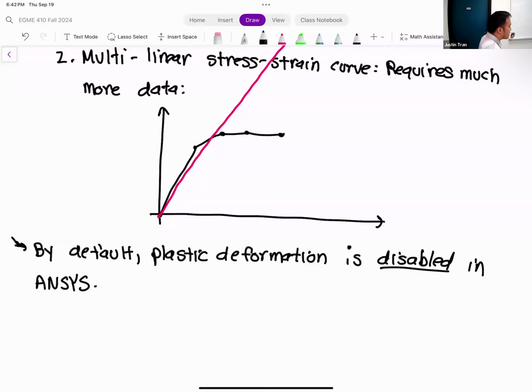To turn on plastic deformation in ANSYS, there's a setting in the simulation settings, and it's literally just a checkbox that you specify. You say you want to specify large deformations.